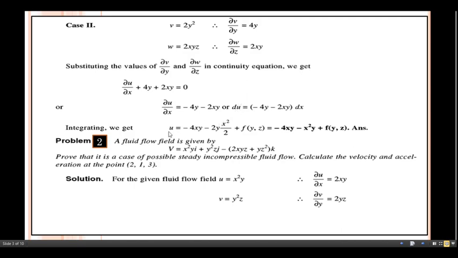Integration of this is nothing but u, and on the other side, integration of minus 4y dx gives minus 4xy. Then minus the integration of 2xy: 2y is the constant term, so take it out of the integration sign, giving minus 2y, and the integration of x is x squared by 2.